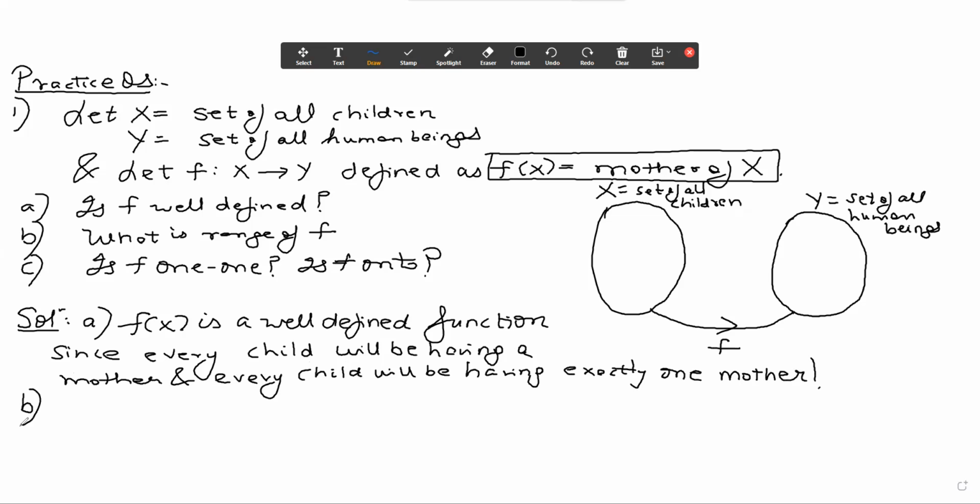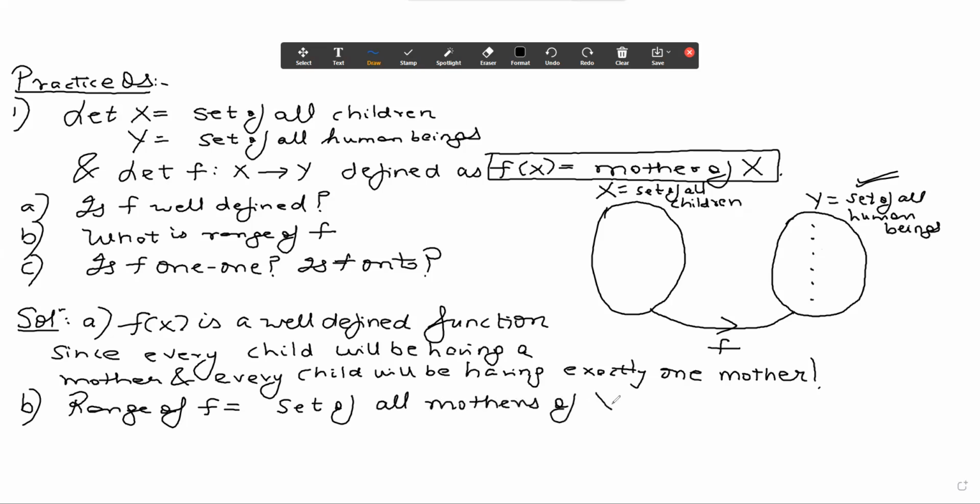Point B. What is the range of f? That is something we all know. So range of f, who will be receiving the arrows? Only the mothers. Only the mothers in the set of all human beings will be receiving arrows from x. So range of f is the set of all the mothers of x.